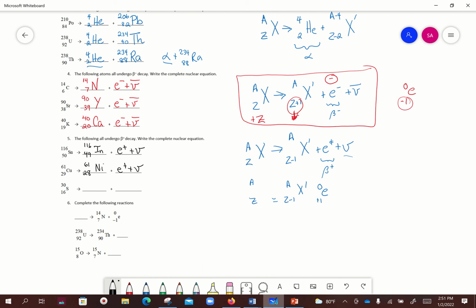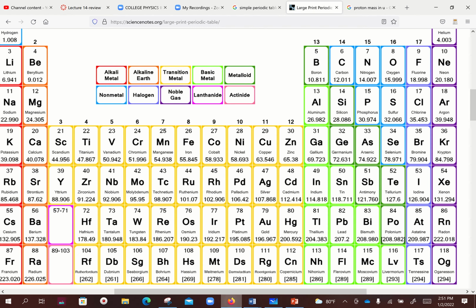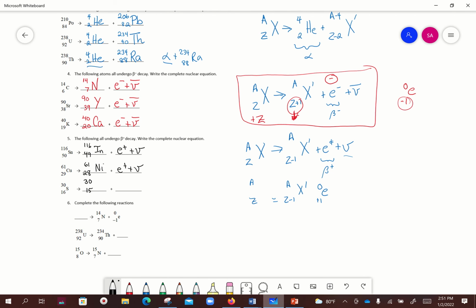Okay, and let's see, I've got 30, 16. So 30 stays the same. 16, I'm going to drop down 1 in the periodic table down to 15. And 15, I go from sulfur down to phosphorus. So I've got a P, and of course, a positron plus a neutrino.